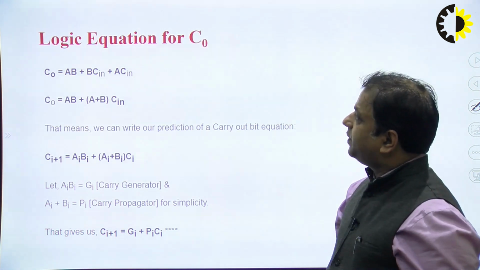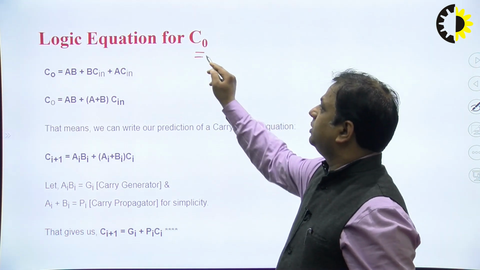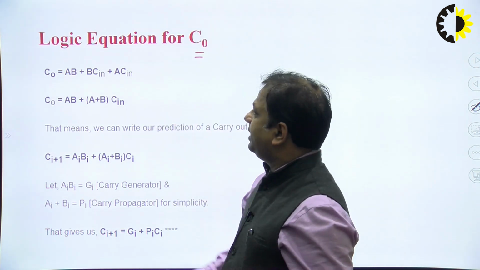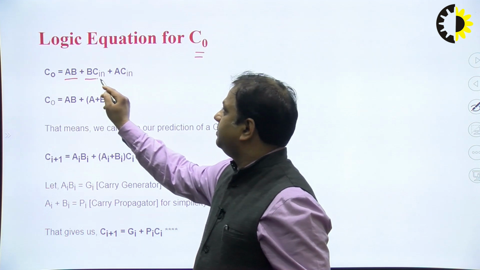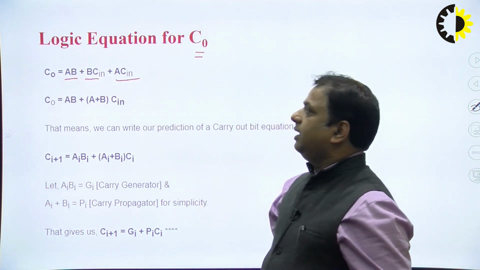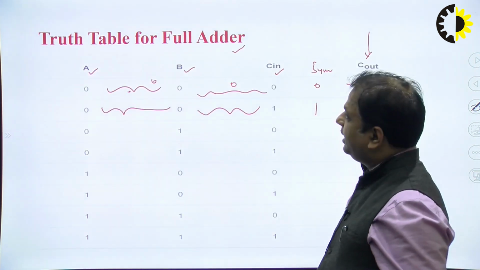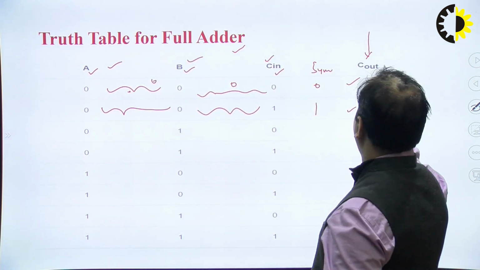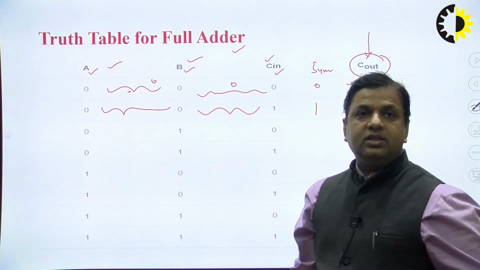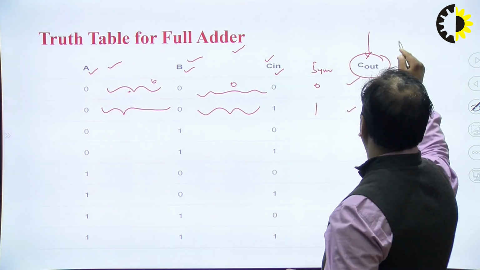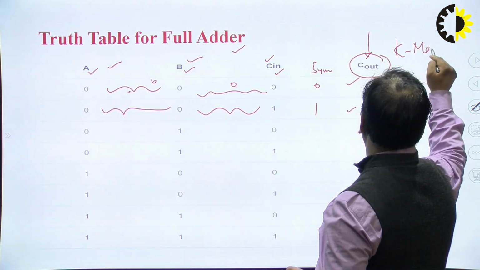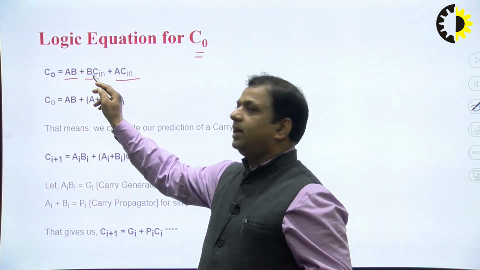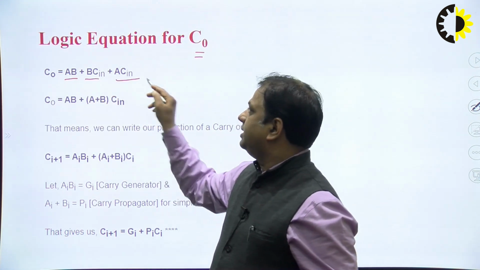Now the logic equation for C out for the full adder. The carry for the full adder is AB plus B C in plus A C in, where these are the 3 inputs A, B and C in. If we find the logical equation for the C out with the help of a K map, we get C out equals AB plus B C in plus A C in.